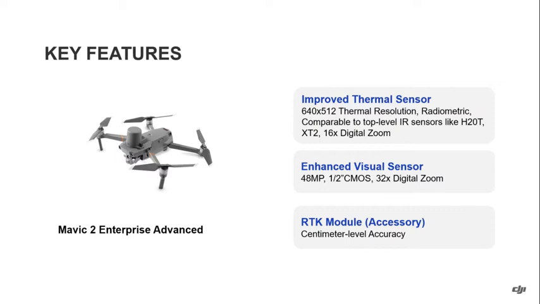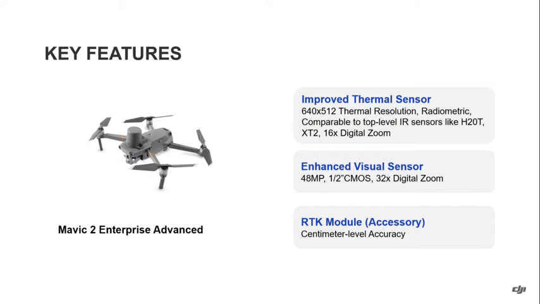So considering the resolution from 160 times 120 of the dual version to now 640 times 512 for the advanced version, and the improvement in frame rate, we have made it comparable to top level infrared sensors like the one integrated in H20T and the one integrated in XT2. Besides, it could support a high level of digital zoom capability. We could support 6 times digital zoom.